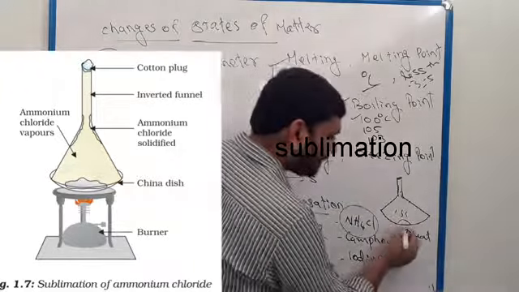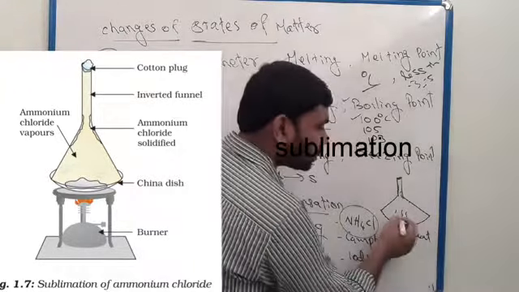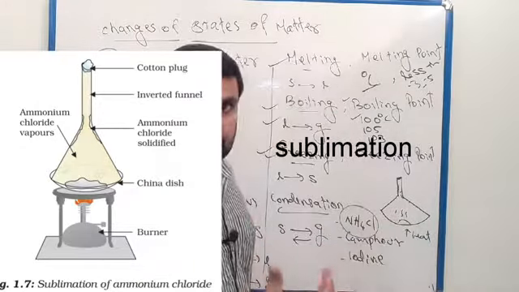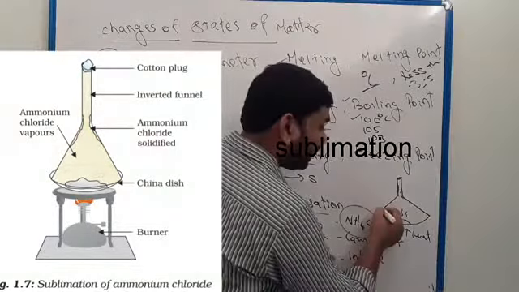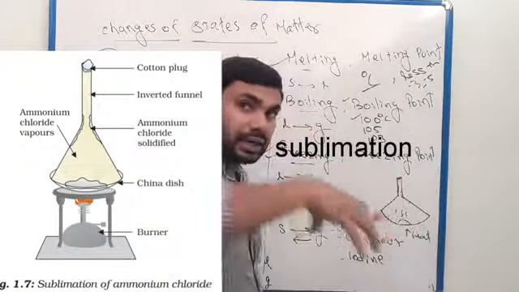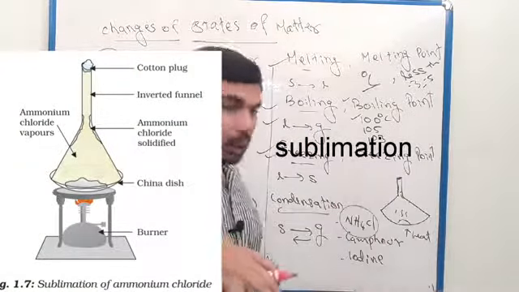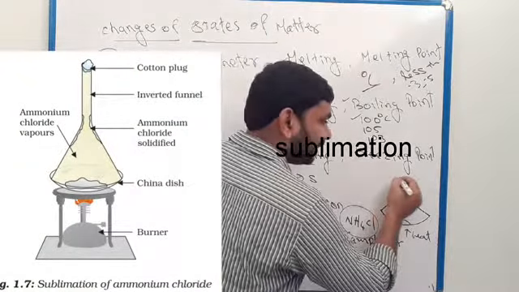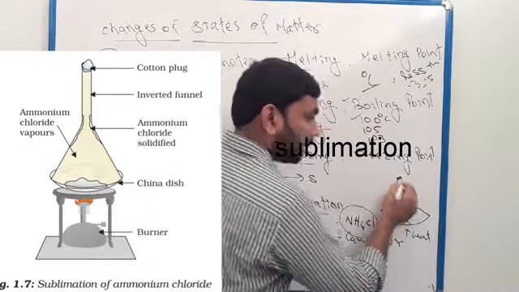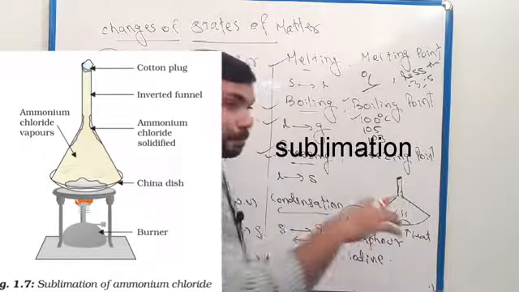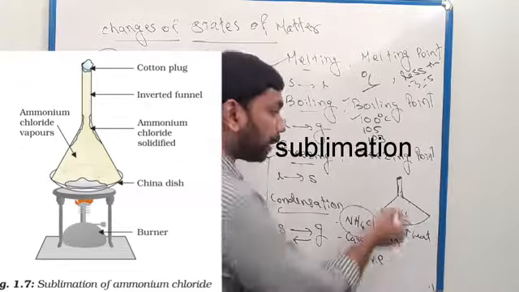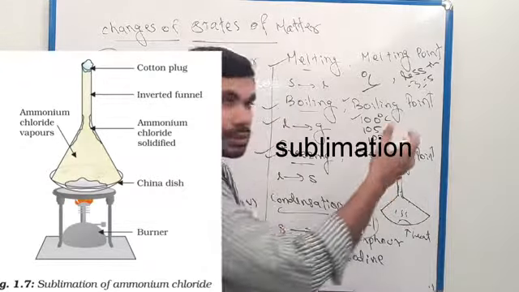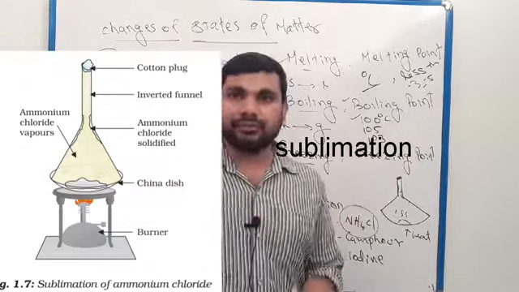When you heat this ammonium chloride white solid, it directly changes to gas. There is one inverted funnel, and in the tail of this funnel we put some cotton, so this vapor cannot escape outside. This vapor stays inside the funnel.